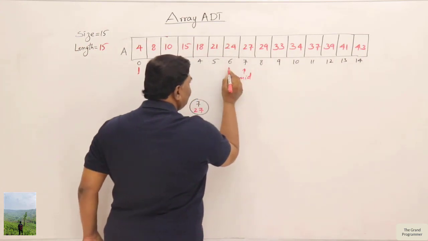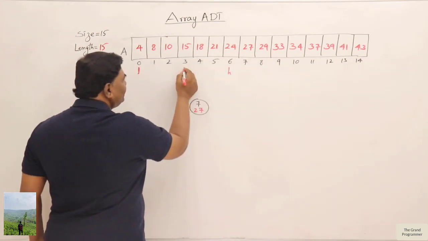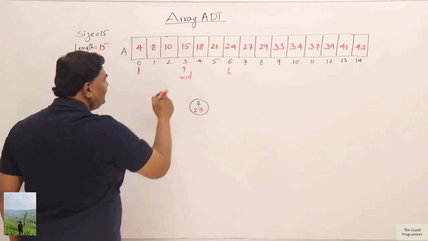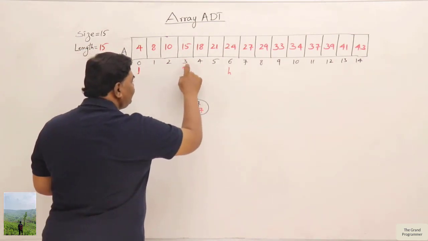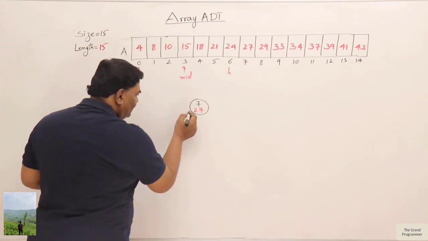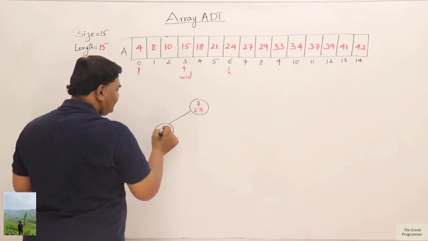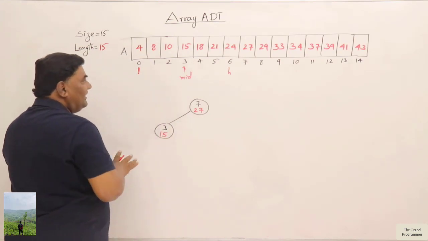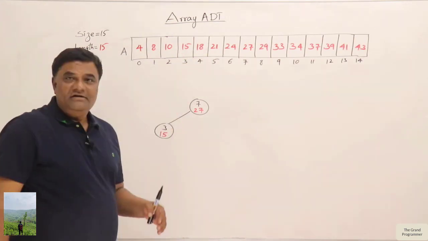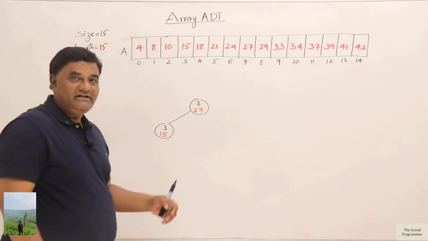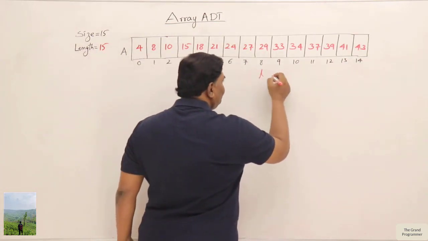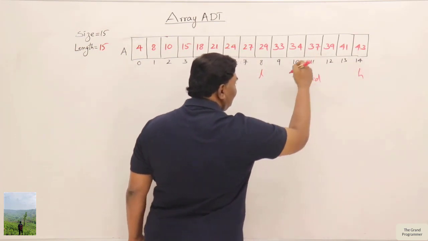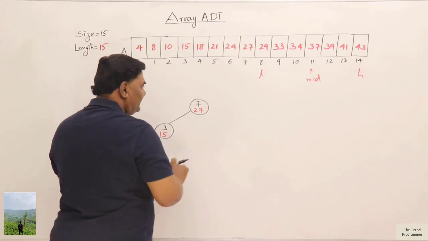And next we were searching for the element on the left hand side. So high was here and mid was this one. So for the left hand side, middle element was 15, the index was always 3. Then if we are checking for an element on right hand side, then the low will be this one and high will be this one, and this we will get as middle, that is index 11 and the element is 37.